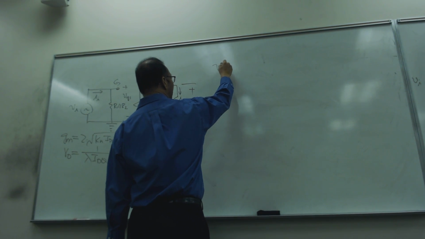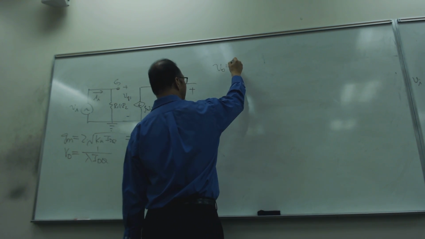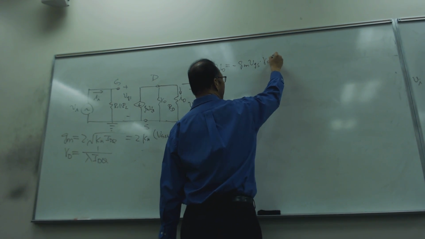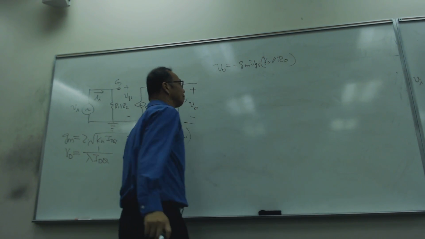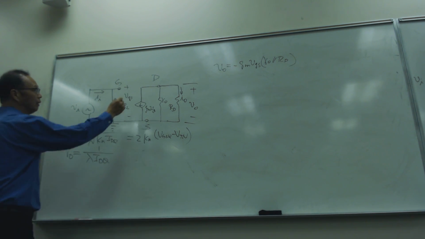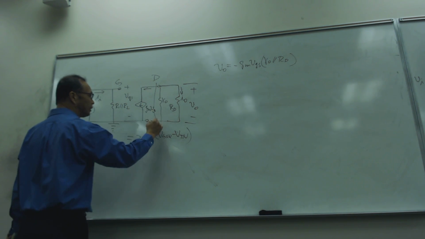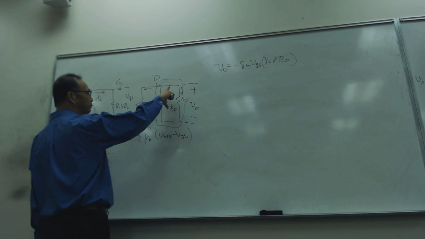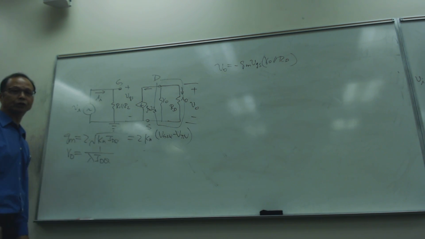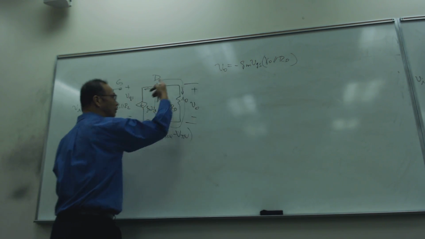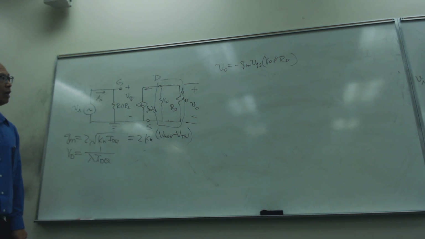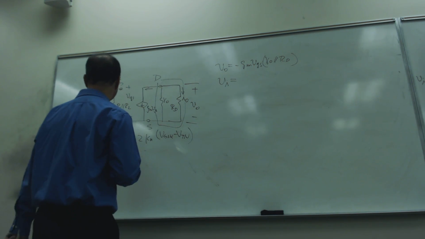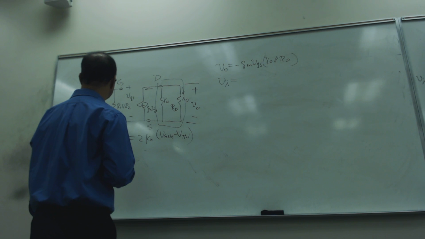Now, V sub o is equal to what? Minus gm VGS times r sub o in parallel with R sub B, correct? This is the current, and this is the parallel, so the current multiplied by that gives you the voltage, but I have to put a negative sign because the current goes up. Then what about V sub i?